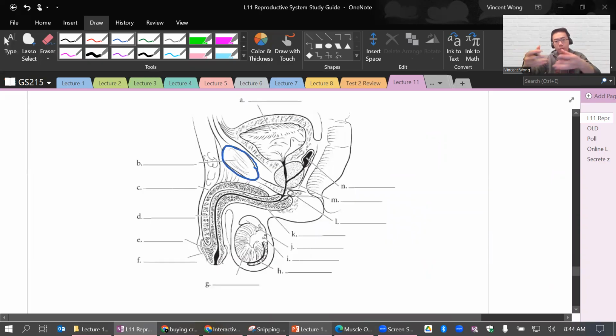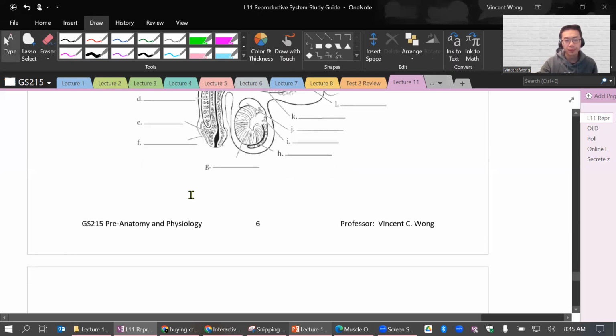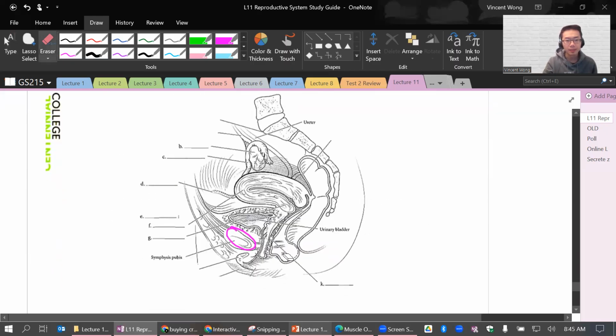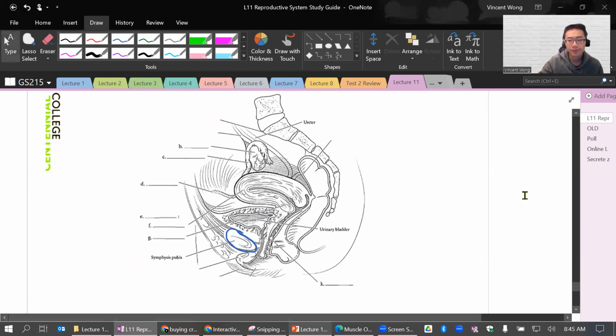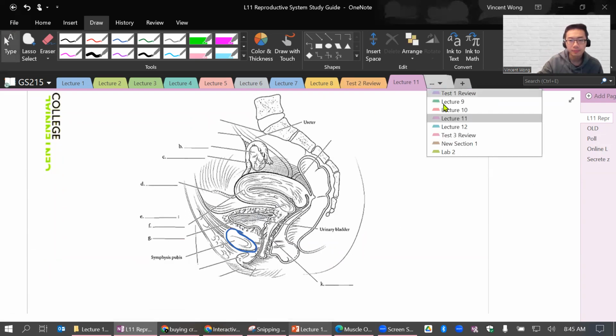Okay, that's where the two pubis bones join together, right? It's a little bit of cartilage, right? In the female as well, right? Symphysis pubis right here. Okay, so you will be able to see that in the mid-sagittal diagram.